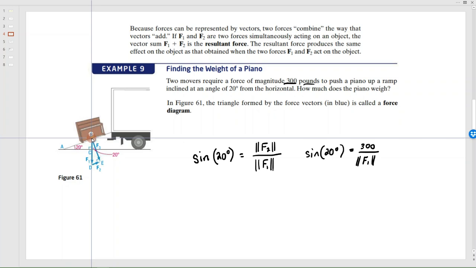Okay, so if I solve this for F1, this would be equal to 300 over the sine of 20 degrees. And if we put that into a calculator correctly, we would get roughly a weight of 877 pounds.